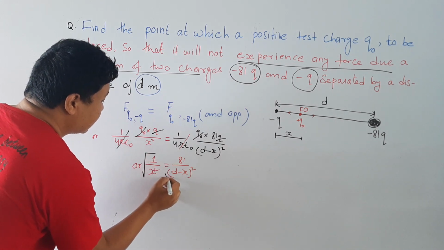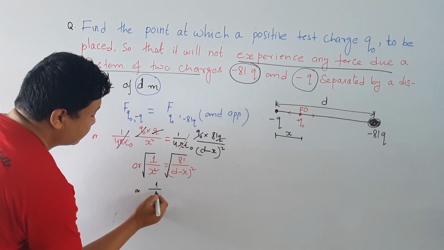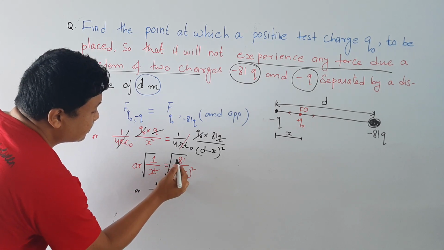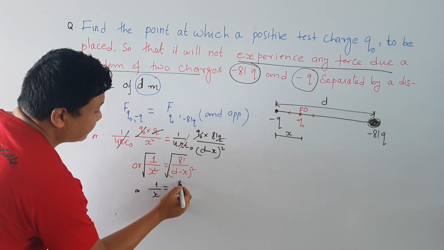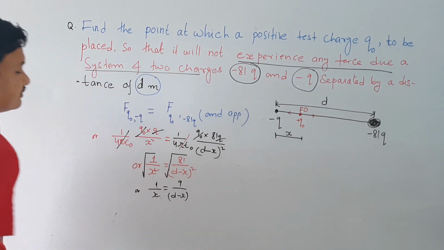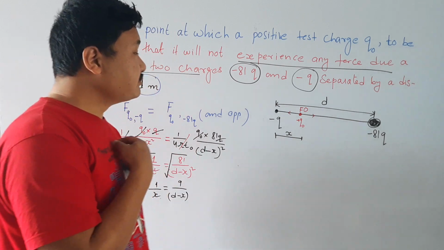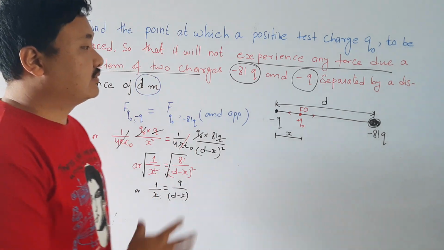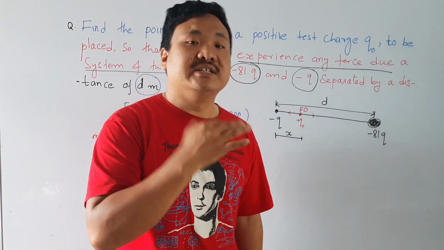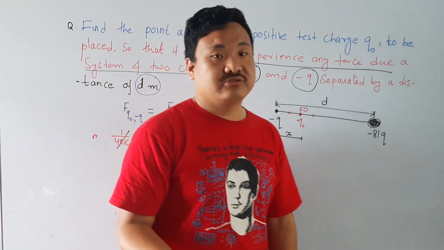If you take the root, this will become 1 divided by x is equal to root 81, which is 9, divided by d minus x. So by solving this, you will get the value of x. This is all about this type of question, and you have to understand how to solve it and where the point should be, etc.